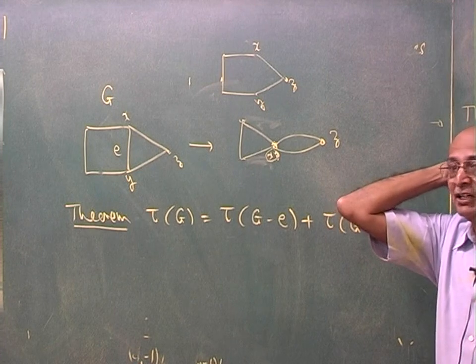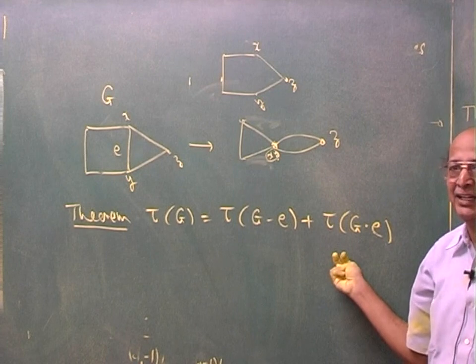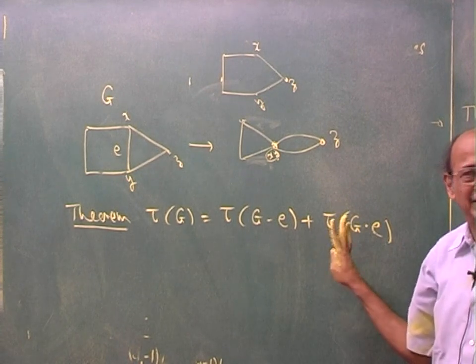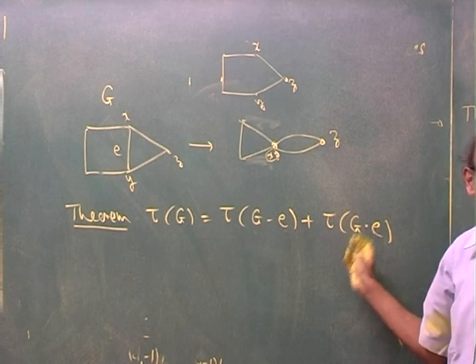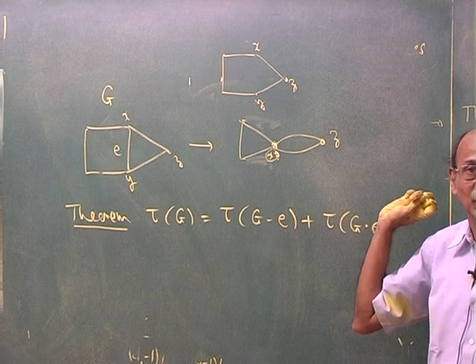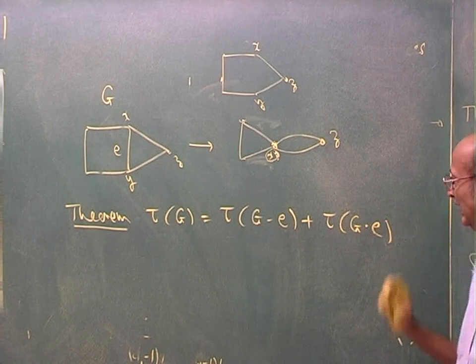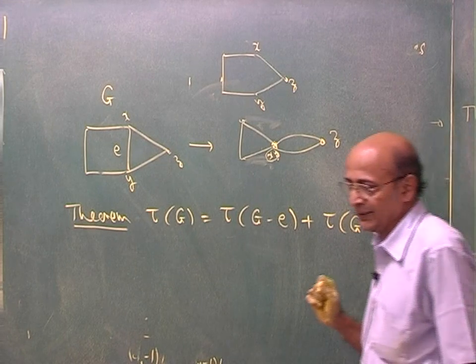So in terms of algorithmic complexity, this is not a very effective procedure. It's a good theorem, but not computationally very useful. It's good to know that some such thing exists, but in actuality, it's not going to be used when it comes to computing things.